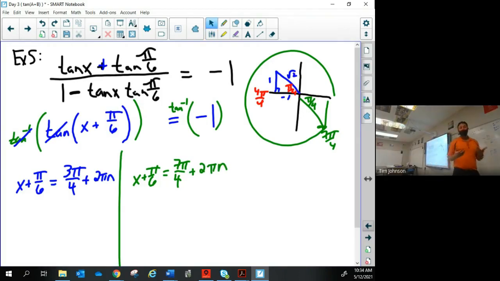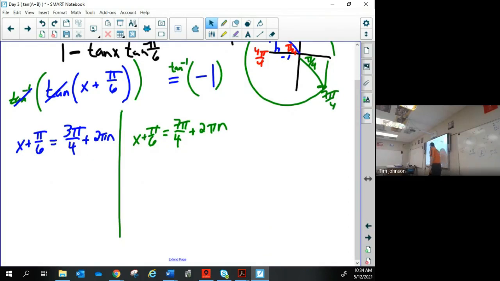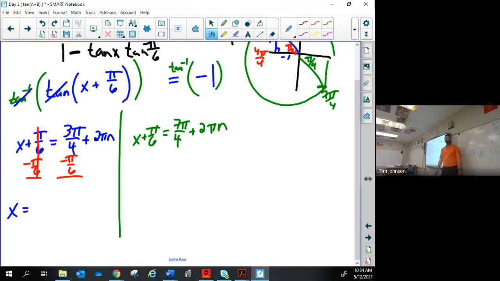Now the ugly part about this one is, yeah, it has fractions. But if you come over here and you subtract pi 6, that cancels out beautifully there. But 3 pi fourth minus pi 6. I know, I gotta get common denominators. Okay, so I come over here and I multiply. What would my denominator be?